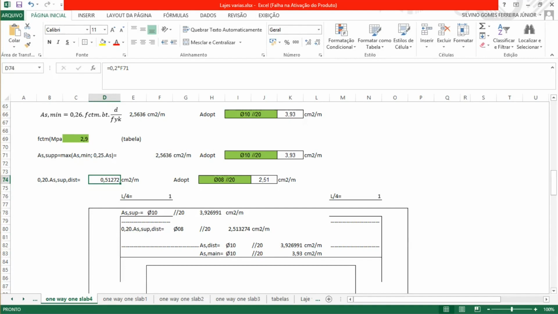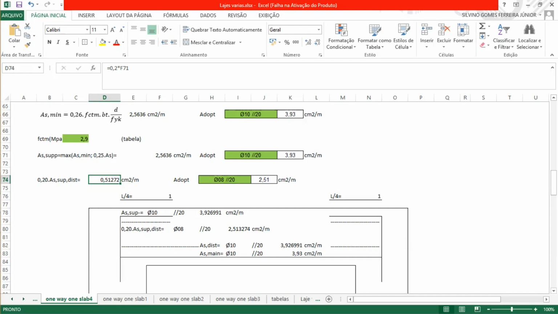But since I don't want to use steel with a diameter of 6 millimeters for these things, as a rule I always use the minimum steel that I have calculated, that in this case was 2.56.